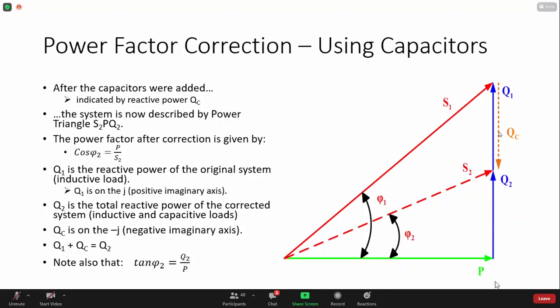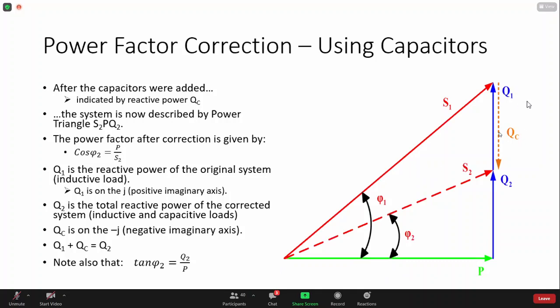So minus J, Q will be on the minus J axis, QC for the capacitance. And S for the capacitance would be below here, right? So P would be real, QC would be minus on a minus J axis.